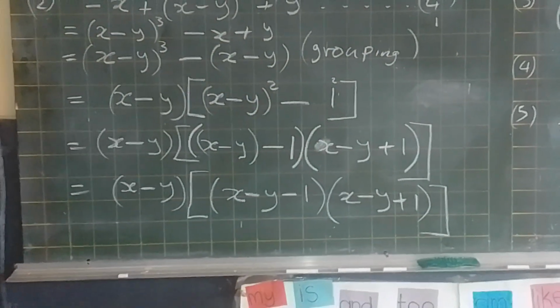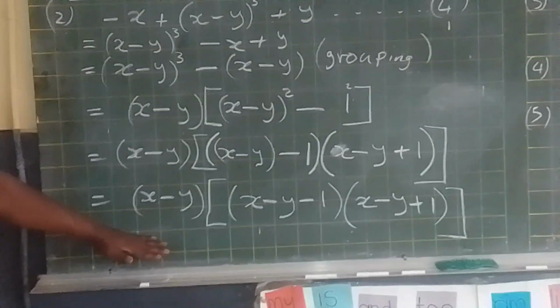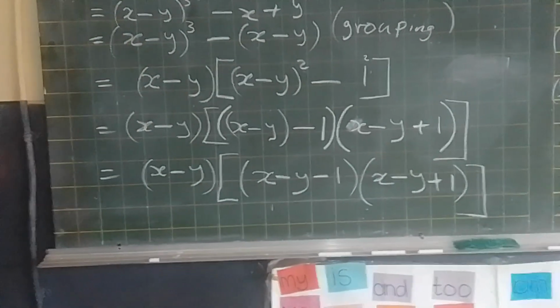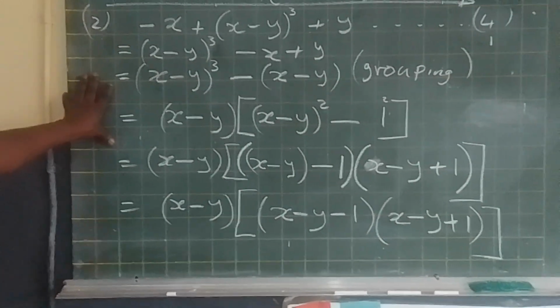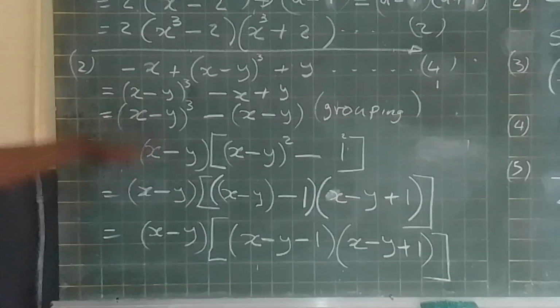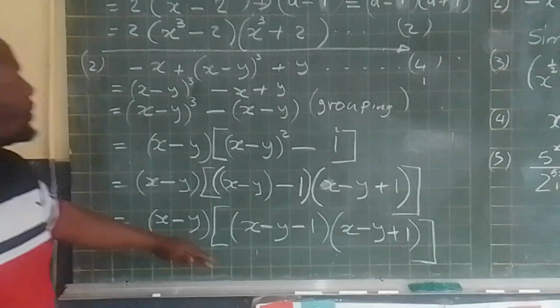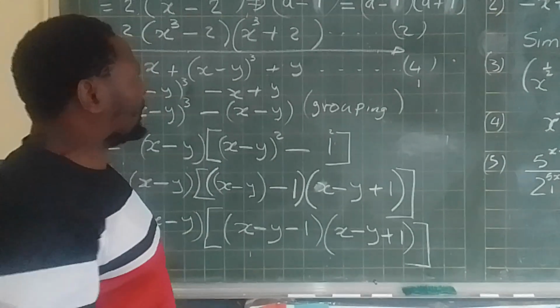There you go. You are done, grade 10. Go and practice with the videos that I made with you in the first term. You will find out that this is factorizing by grouping.